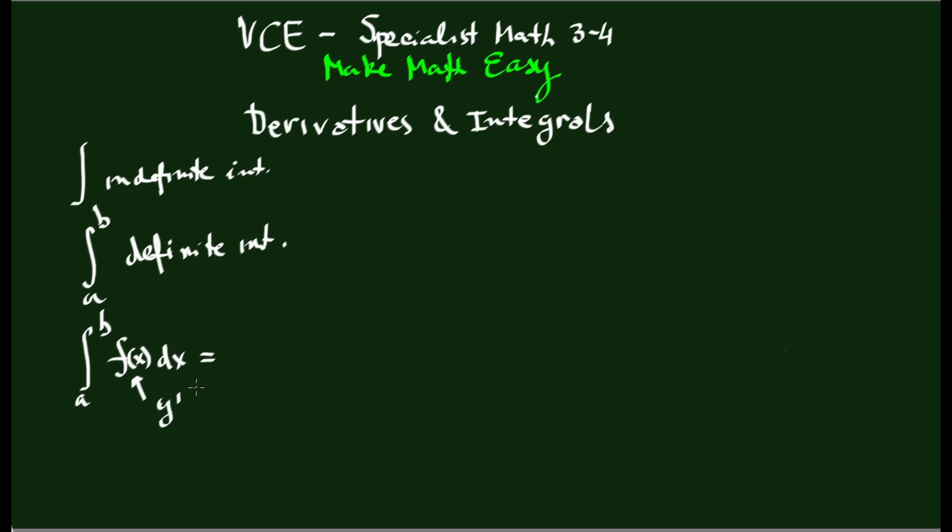So the original function is denoted with a capital F, not this small f, because this small f is already the first derivative, but now the capital F is the real original function.